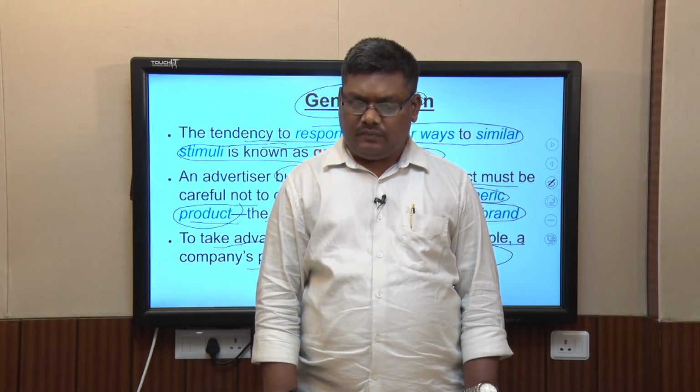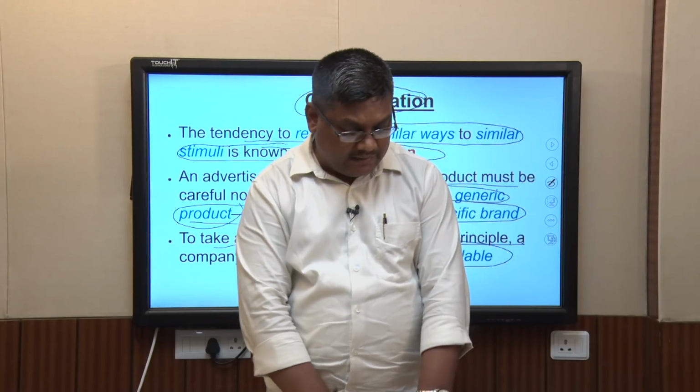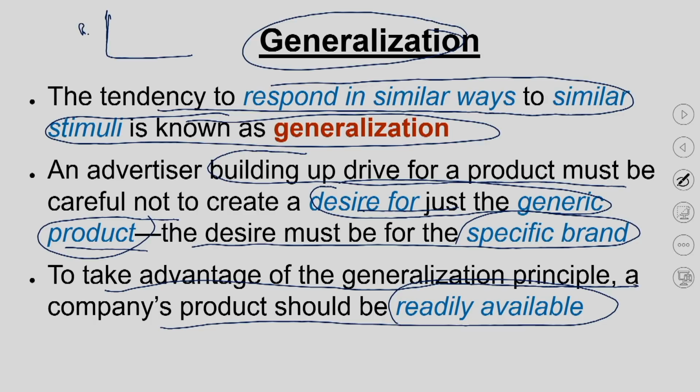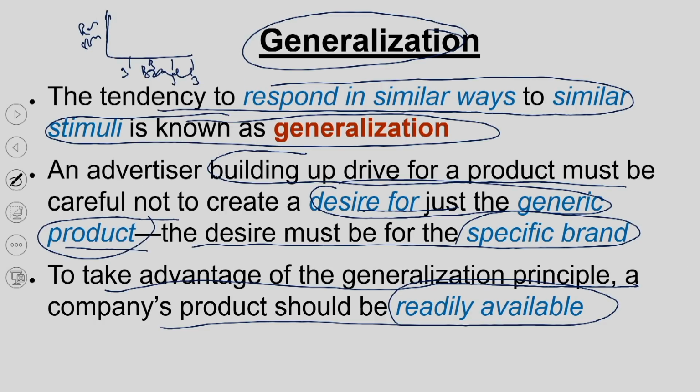Right. Generally speaking, there is a graph of response strength and number of brand choices. Let us say we have brands B1, B2, B3, B4, and this is the response strength. The more brands you have, the higher the desire, the higher the generalization.